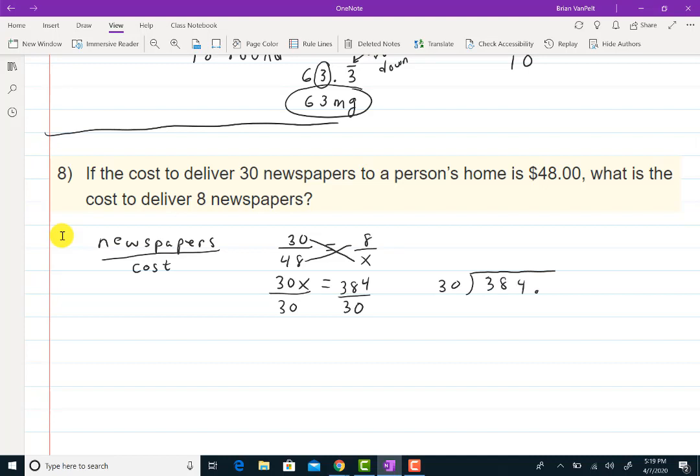And I know I'm going to get a decimal probably, even if it's 0.00 to indicate 0 cents. So let's start here. 30 goes into 38 once. Bring down the 4. 30 goes into 84 twice. And then bring down a 0 that I put on the end. And then 30 goes into 240 8 times.